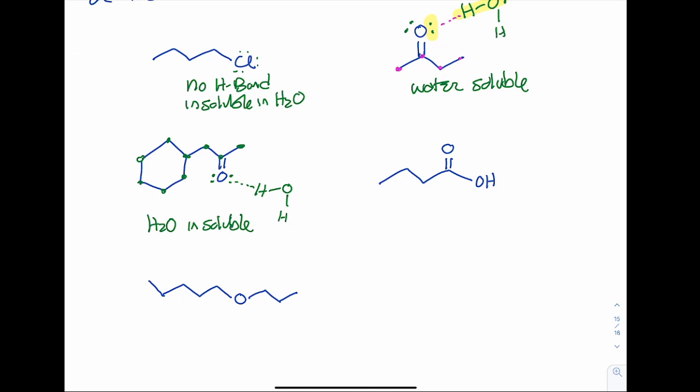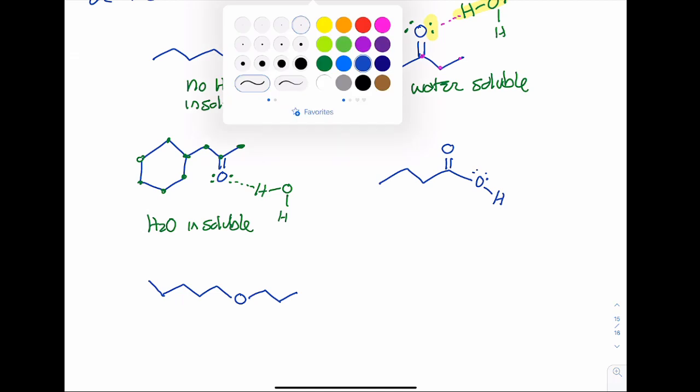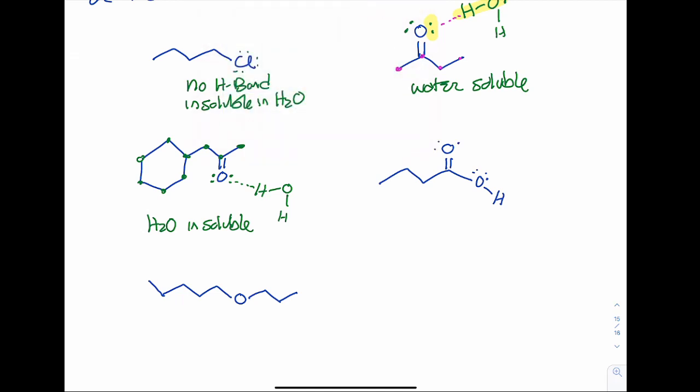Looking at my carboxylic acids, let's draw this one out too, can actually form 2 hydrogen bonds with water per molecule. So I have lone pairs on oxygen there and a hydrogen. Carboxylic acids can hydrogen bond to themselves because of this hydrogen. And then I also have lone pairs on that oxygen.